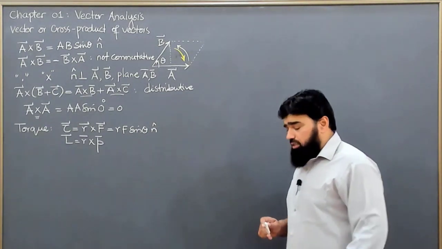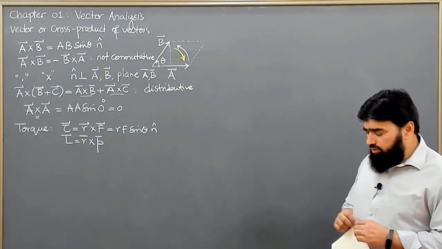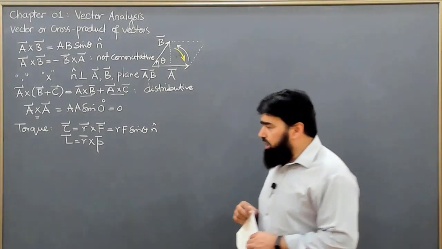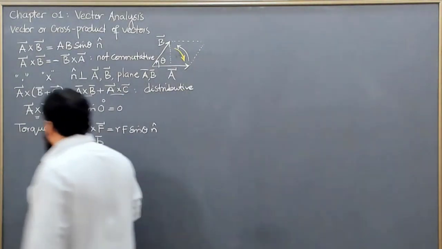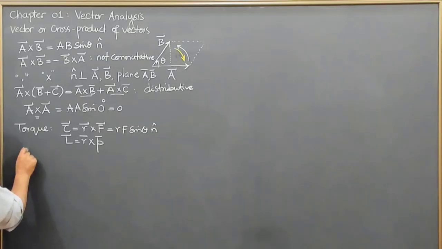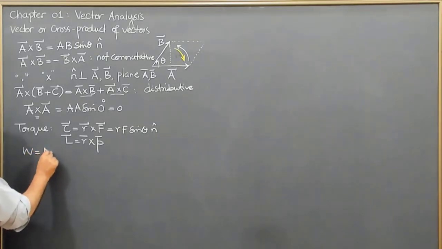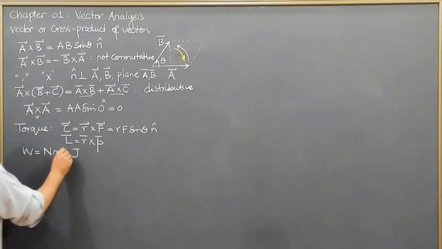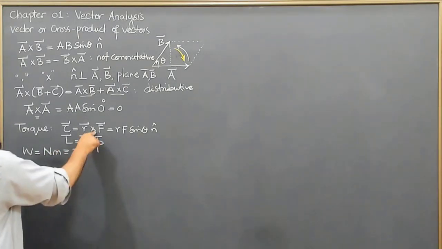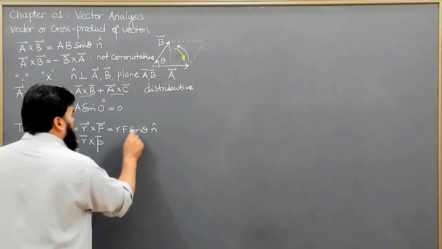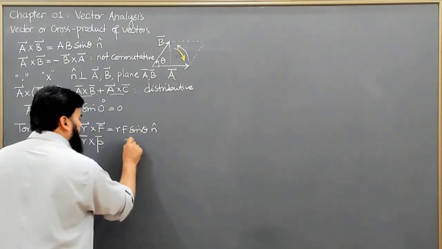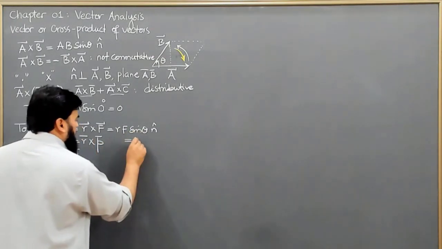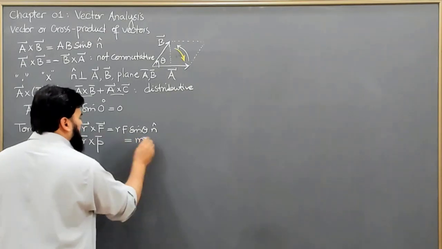Now in the dot product, I gave the example that work is Newton meter, and the dimensions Newton meter we write as joule. But what about torque? For torque, we have R in meter and F in Newton.